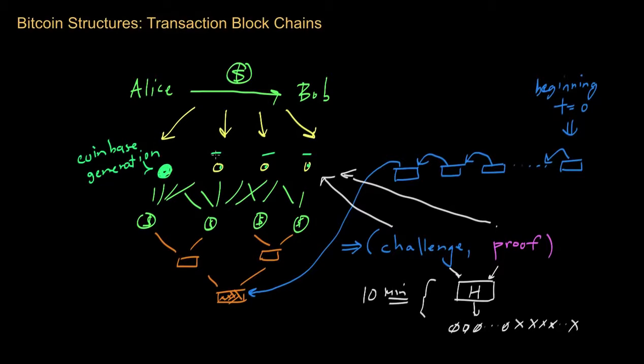And by longest, I don't mean the one that has maybe the most transactions in it. I really mean the one that has the highest aggregate difficulty associated with that underlying proof of work protocol in each of the transaction blocks. So they'll basically look at the total amount of effort that was required to generate that chain with regard to that proof of work, and whichever chain has the most work associated with it is the chain that's sacrosanct. It's the chain that everybody will accept.